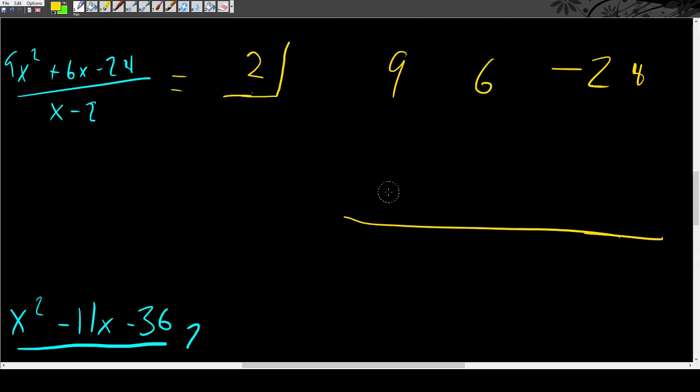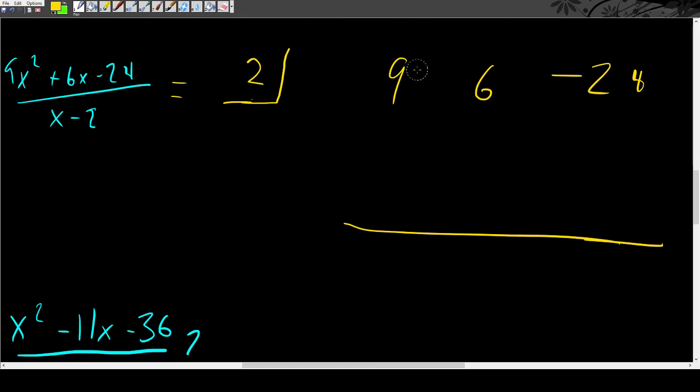With your first coefficient, you just pull it down. You do no math, you just pull it straight down. Now you multiply 2 times whatever you pulled down. In this case, we pulled down 9 because 9 was the coefficient, so we multiply by 2 and put it here, 18.